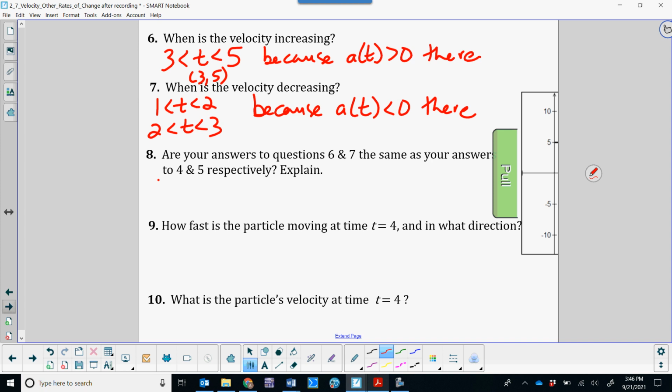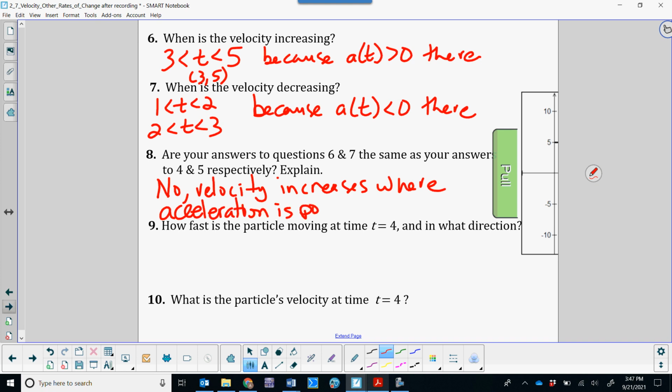So the reason the answer is no is velocity increases where acceleration is positive, and also equivalently, and we won't write that right now, decreases when acceleration is negative, not when the velocity is increasing. Okay, so it's important to remember that because velocity has a sign and it also talks about direction, so that makes a difference.